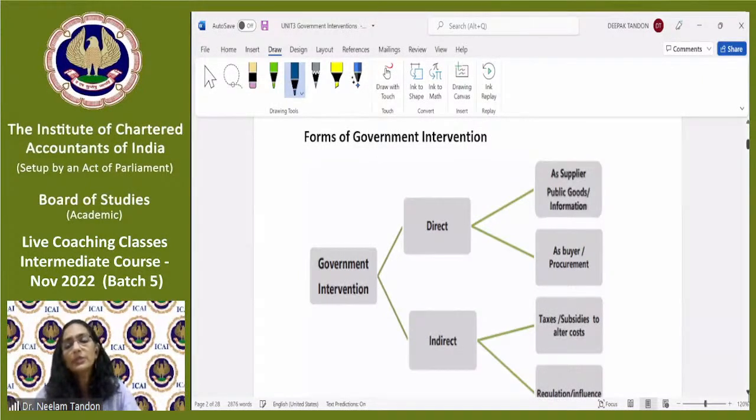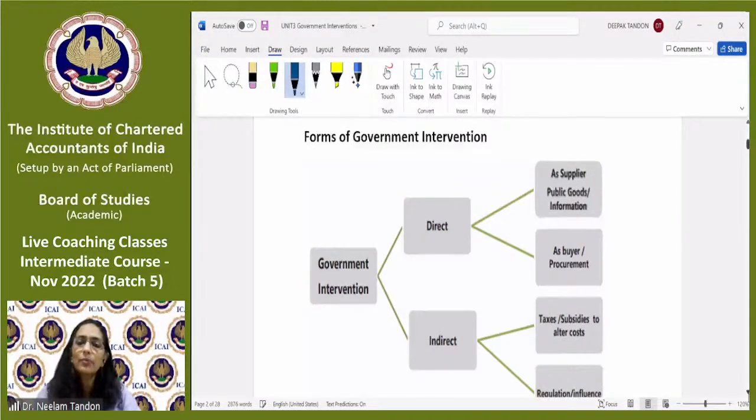You can make an excludable set of people, those who can be restricted by things. Just a toll plaza, toll bridge. What happens over there? Those who can pay toll, they can only go through that road or that flyover. Those who cannot, they cannot. So that is how government can go for public goods which are excludable also, which can be non-excludable also.